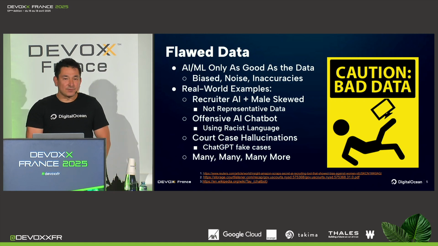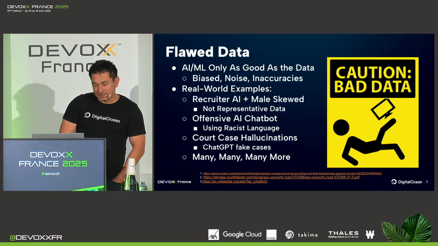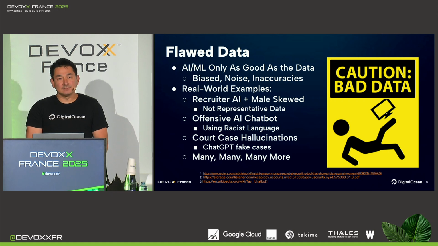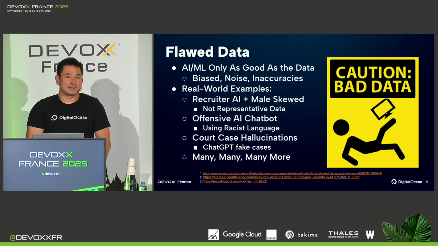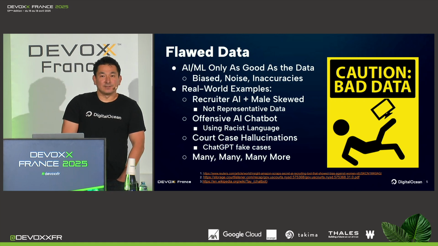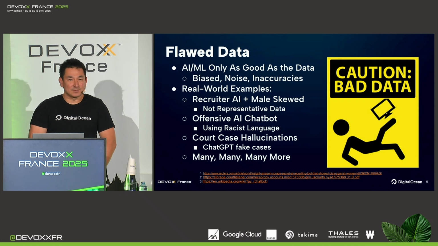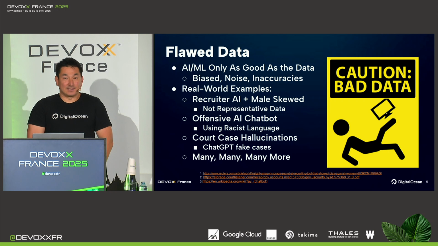And there's also another one that was mentioned in the keynote yesterday, which is the court case hallucinations. So basically some lawyers used ChatGPT to figure out ways to argue a court case, and they asked ChatGPT, hey, how do I defend this? And ChatGPT effectively hallucinated an entire court case, complete with court documents and a document ID number, and it was completely fake.